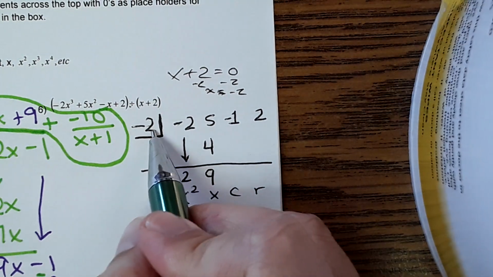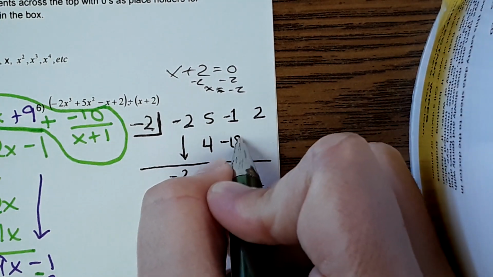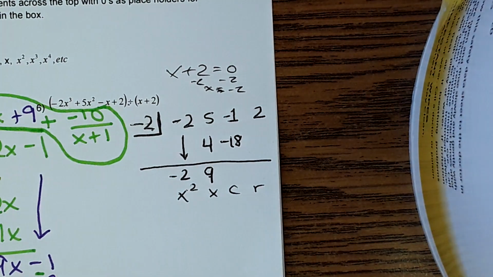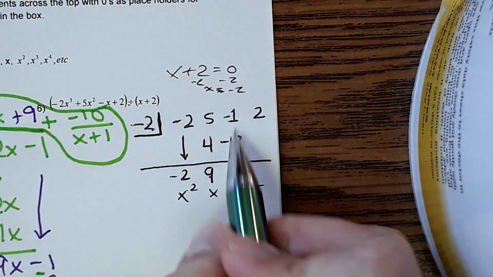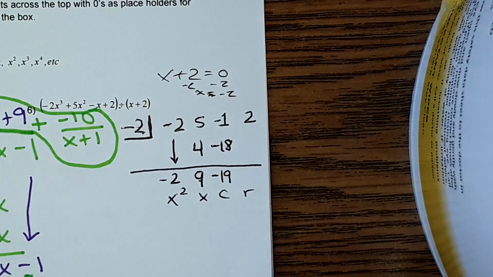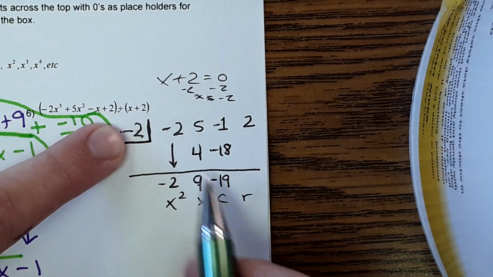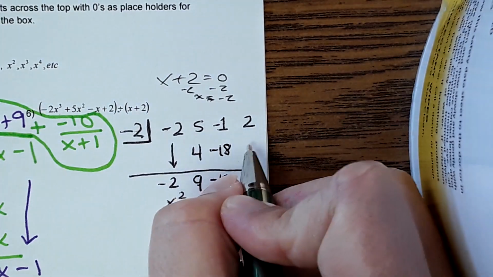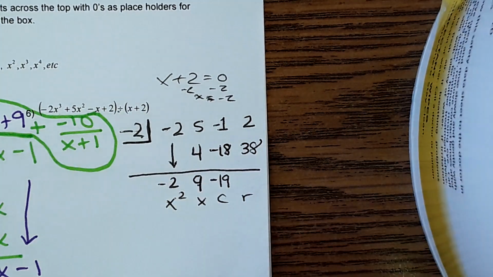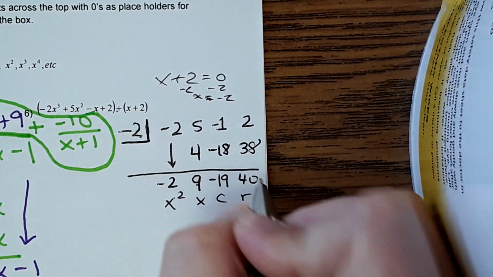And then multiply negative 2 by 9 to get negative 18. Then again, add these two terms. And then multiply these two. So negative 19 times negative 2 would be positive 38. And add this to get 40.